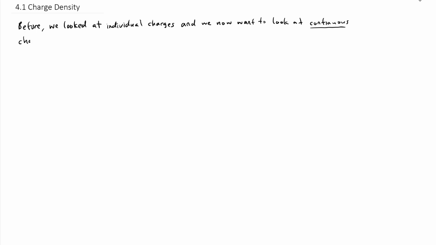Before, we looked at individual charges, and we now want to look at continuous charge distributions.